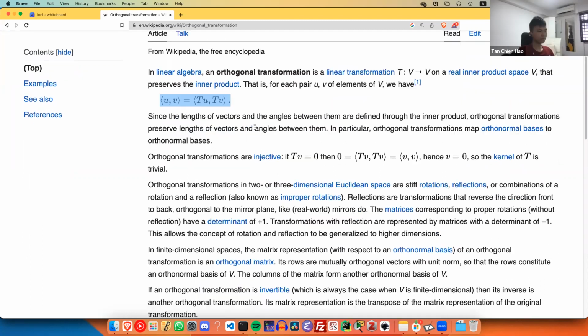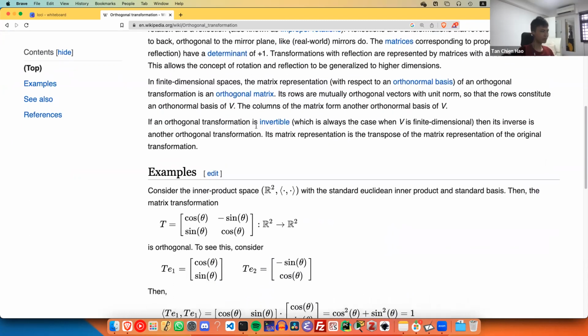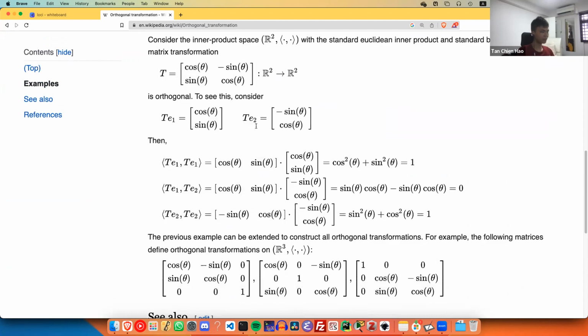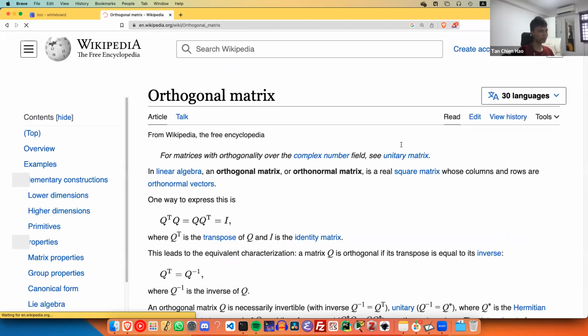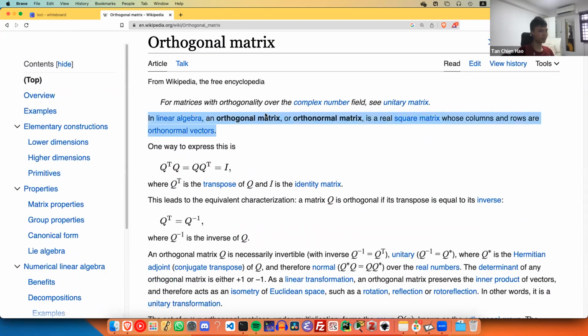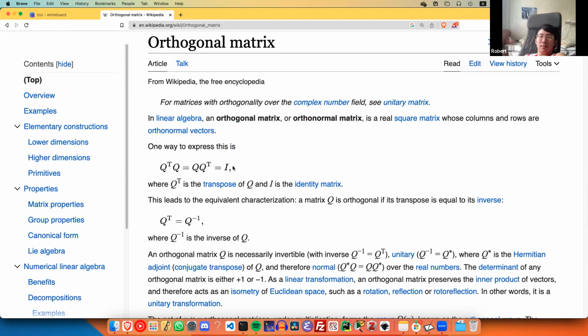There's an equivalent definition in terms of the orthogonal matrix. An orthogonal matrix is defined as Q transpose Q being the identity. Does that make sense?